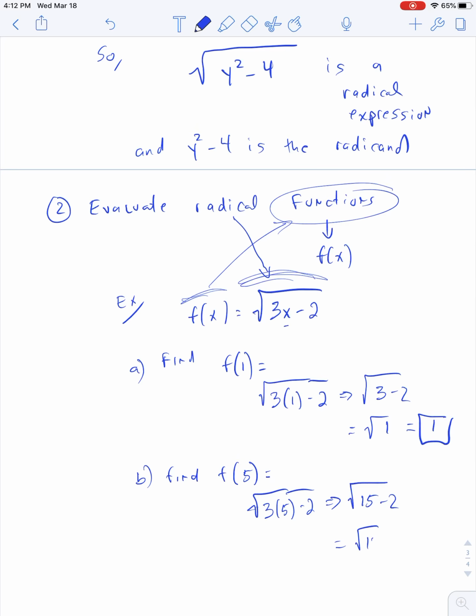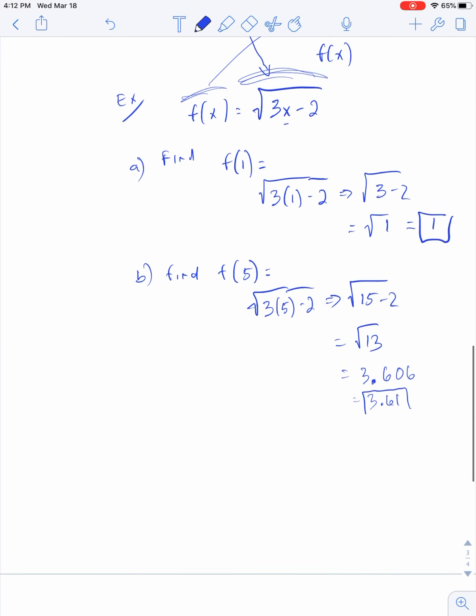And that gives us the square root of 13. As a decimal, it would give us something like 3.606. If I asked to round to the hundredths, it would be 3.61. So making sure you recall how to round.